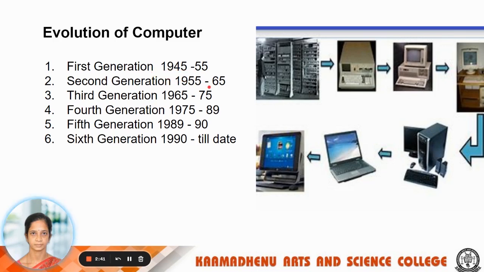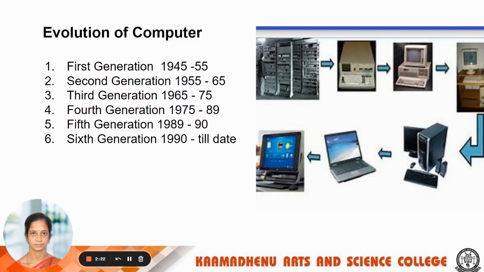In the second generation, 1955 to 1965, the transistor replaced the vacuum tube. In the third generation, the integrated circuit was the hallmark.